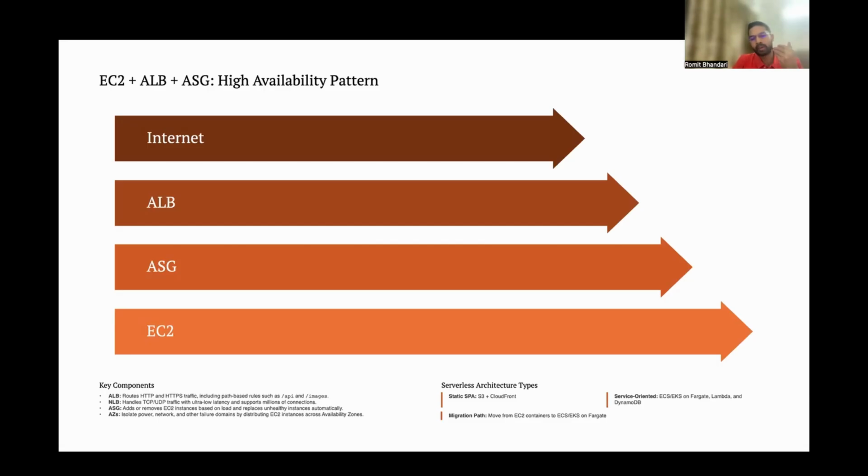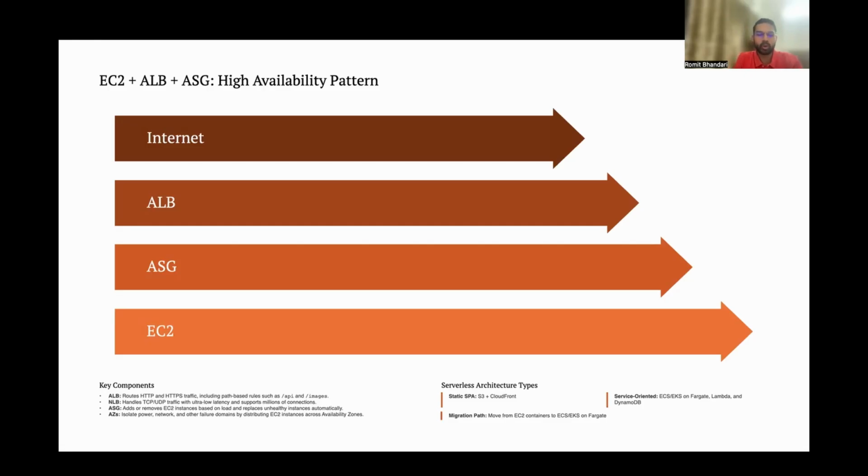And it keeps on checking for healthy and unhealthy instances, and unhealthy instances it keeps on removing, something like that. And you can add AZs as well to this list, which is EC2 plus ASG plus AZs, which means multiple availability zones, so that if there is a connection or power failure in one of the zones, you still have fault isolation happening, because the database or your application is also available via another availability zone.